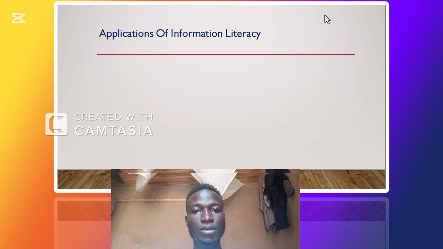Under this, we're going to see that information literacy is also applied in our life, more especially in academia or other research centers. So let us continue and look deep into it.